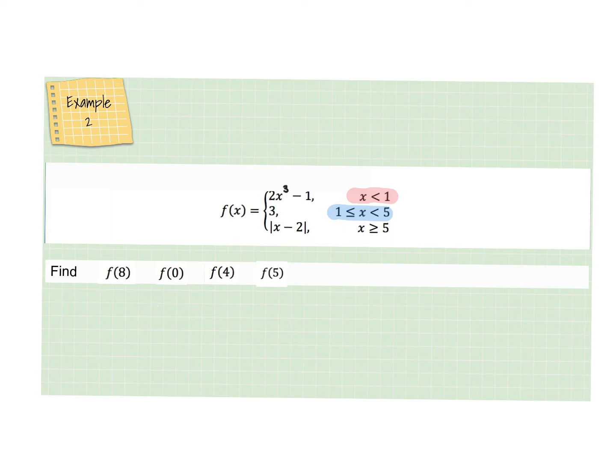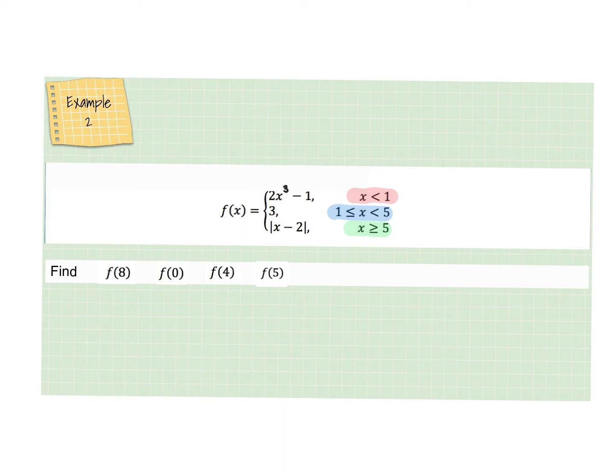And f of x equals the absolute value of x minus 2. The interval for the first one is x is less than 1. The interval for the second one is between 1 and 5, including 1 but excluding 5. And then the last one, any number that is equal to or greater than 5.